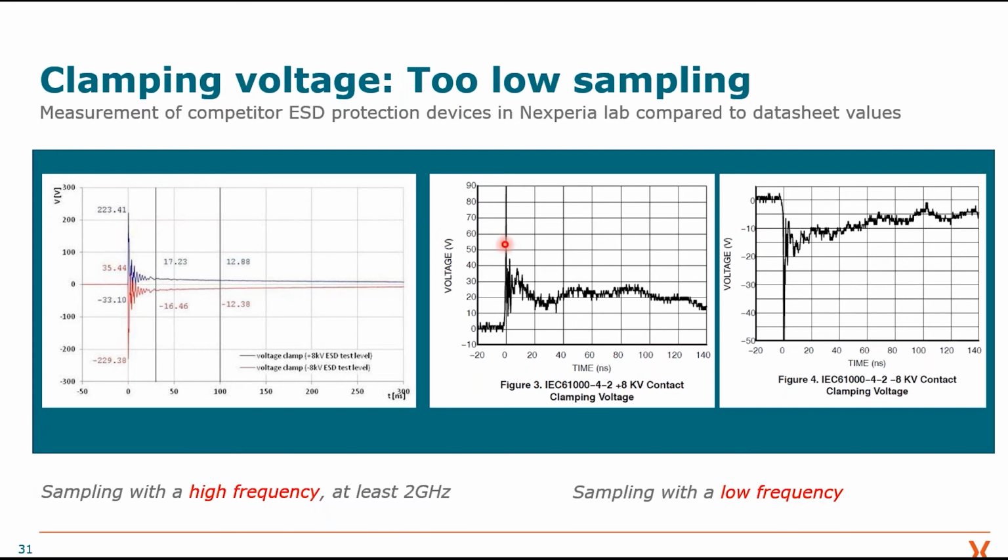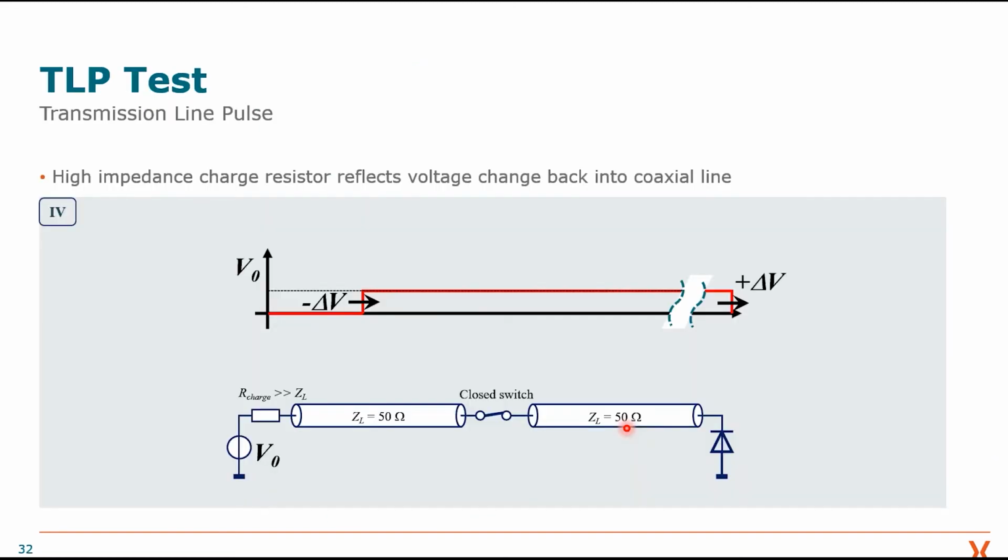And if you look at the data sheets, it's not really easy to see, but it seems that the first peak is not even taken into account, so it was lost. So this is one example for why to use an oscilloscope with a high sampling rate.